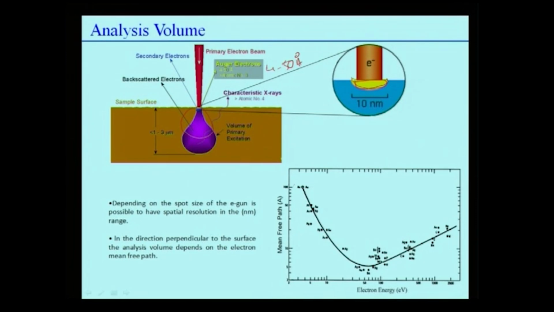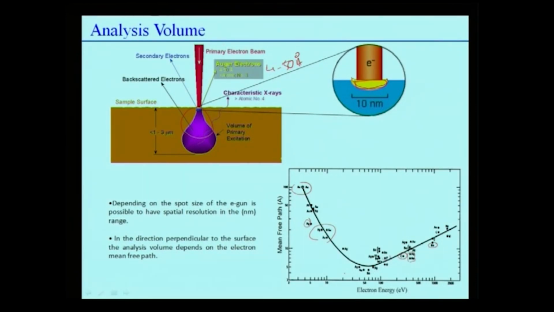If you see here, gold and silver have a very small mean free path. The mean free path increases for molybdenum, cerium, beryllium, or even some other elements like phosphorus.